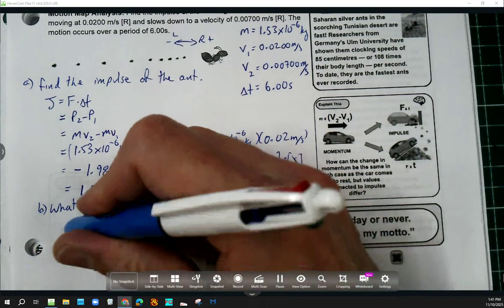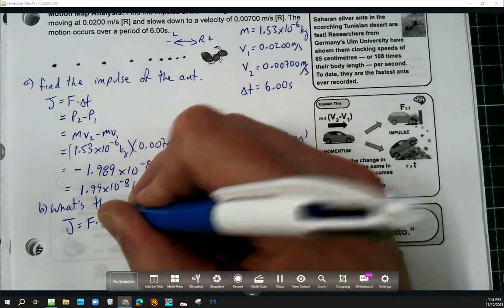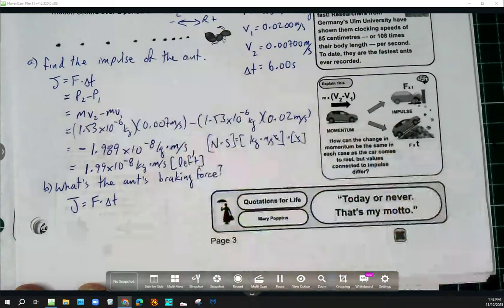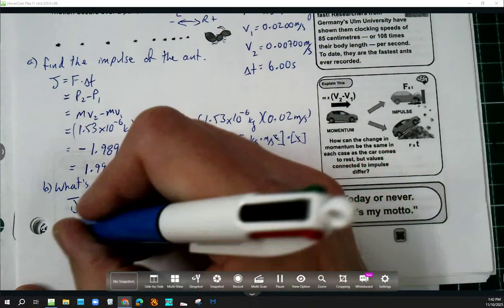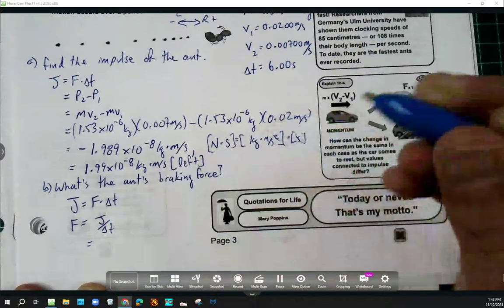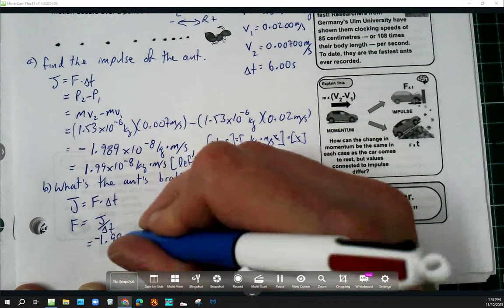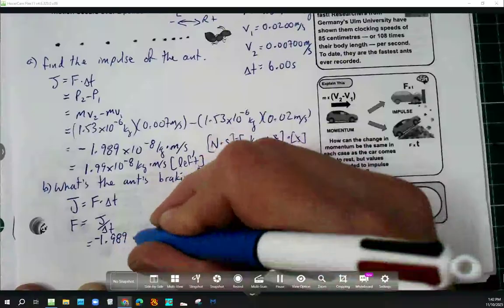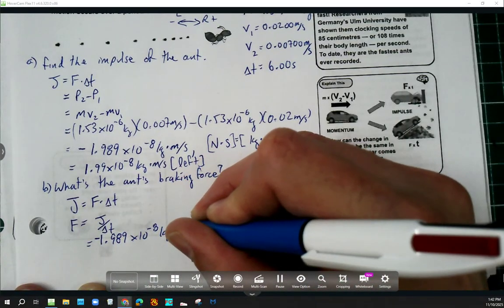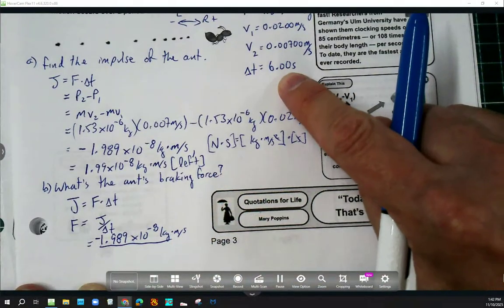If I was going to tackle that, I might say J is equal to force times delta T. I've already calculated the change in momentum, which is numerically going to be the same value as the J value, so I can get the force all by itself, J over delta T. Sub in my values, using my unrounded value with the negative, 1.989 times 10 to the power of negative 8 kilogram meters per second, divided by the braking time, which was 6 seconds, the slowing down time.